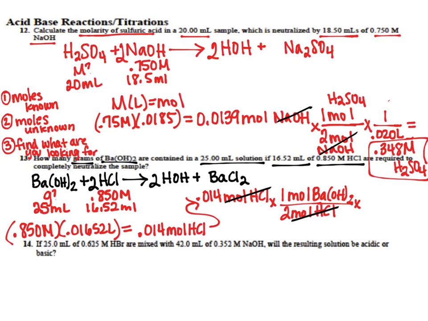Now we can go to step 3, which says find what you're looking for. Go back to your problem. It says how many grams? I'm in moles right now. How am I going to get from moles to grams? Molar mass. This time, the molar mass of Ba(OH)2 is 171.34 grams, and that's for 1 mole.